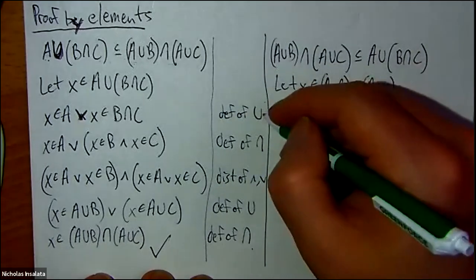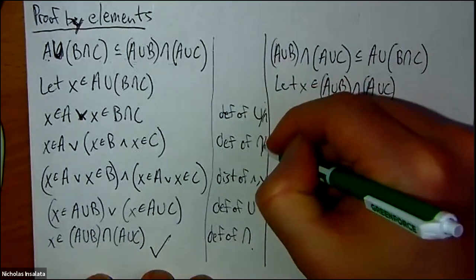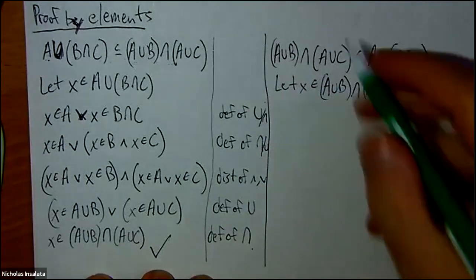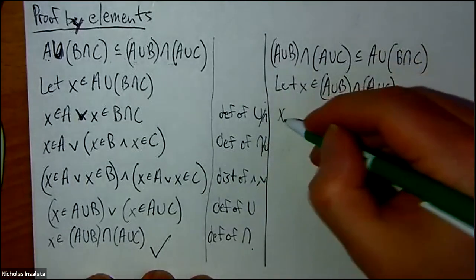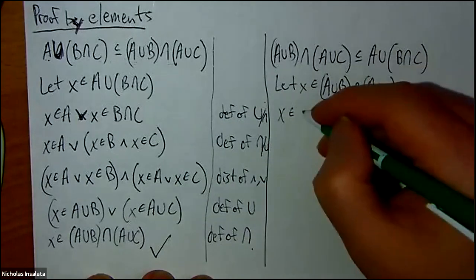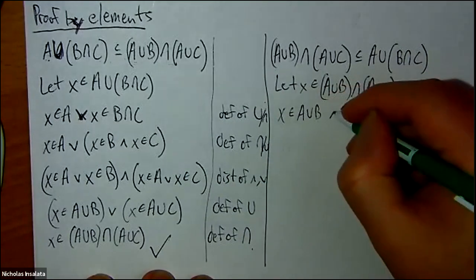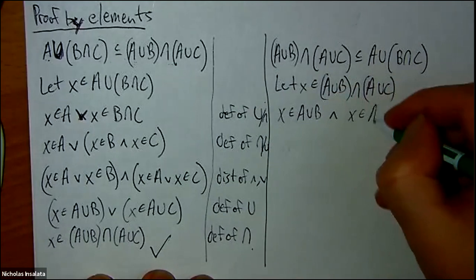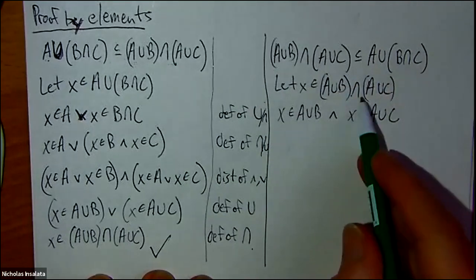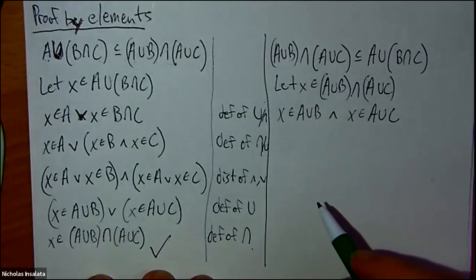That's okay. Union or intersection, either one of those two ways. So we'll say, okay, X is an element of A union B, and X is an element of A union C. That's by the intersection definition, right?